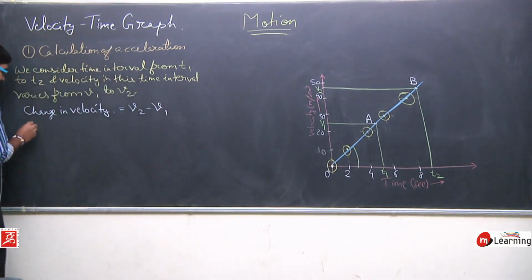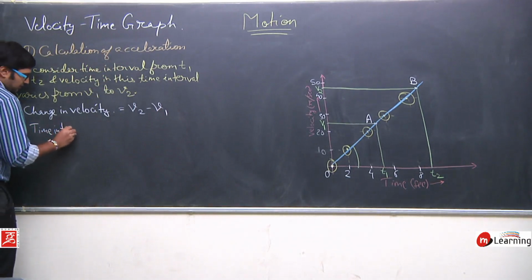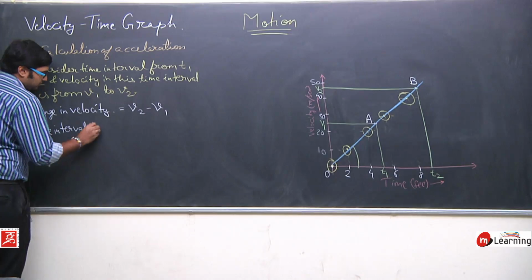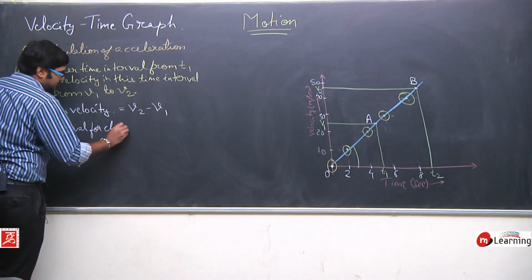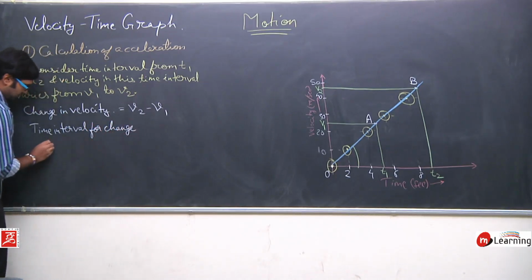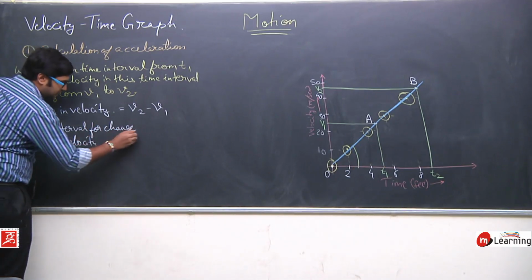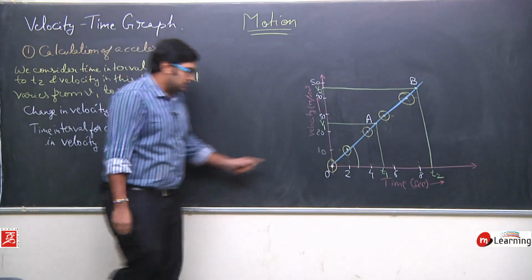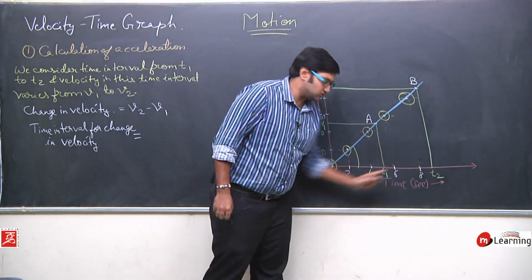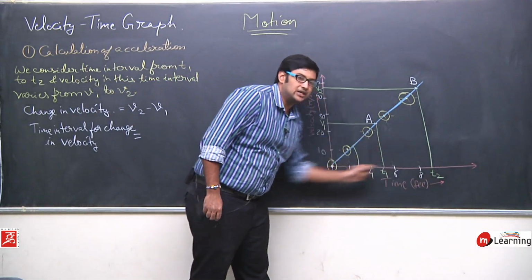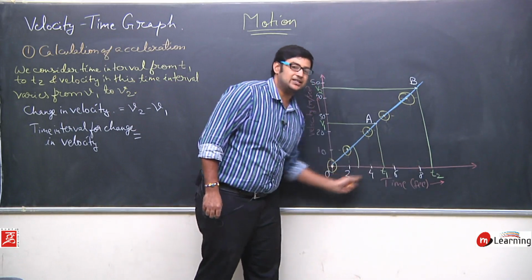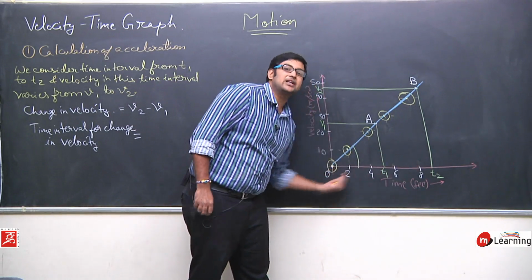So the time interval for change in velocity: you can see 0 to T2 is the T2 seconds, and from 0 to T1 it's the T1 seconds.